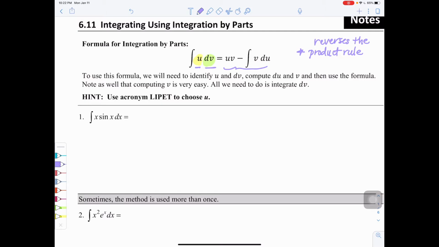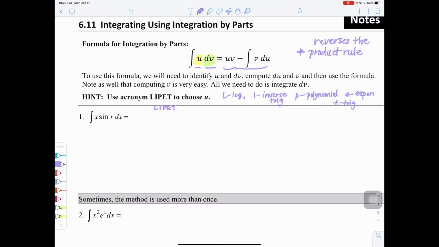So using this acronym LIPET, we choose L for logarithms, I for inverse trig functions, P for polynomials, E for exponential, and of course T for trig functions.